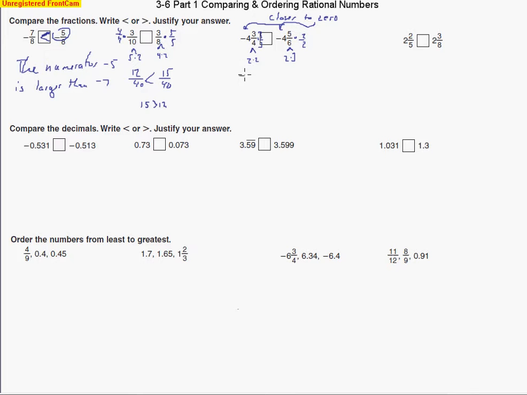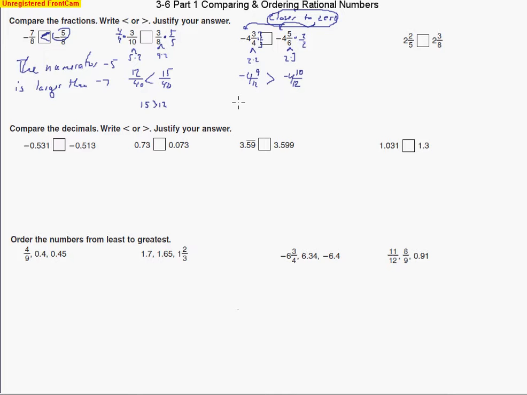So now I have -4 and 9/12. And I'm comparing that to -4 and 10/12. So the one that's bigger is the one that's closer to 0. So closer to 0 would be 9 over 12 rather than 10 over 12, because 9 is closer to 0 than 10. And I'm going with that because of the negative numbers.